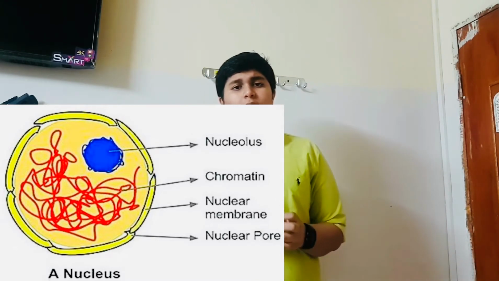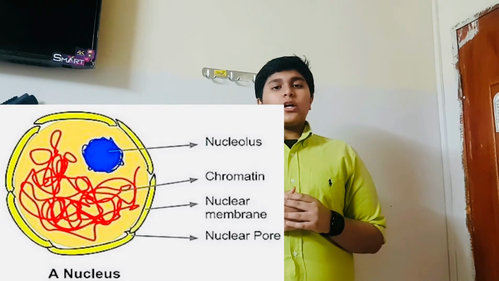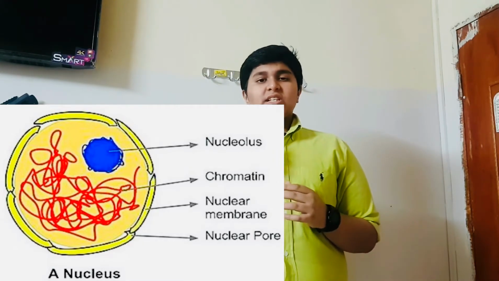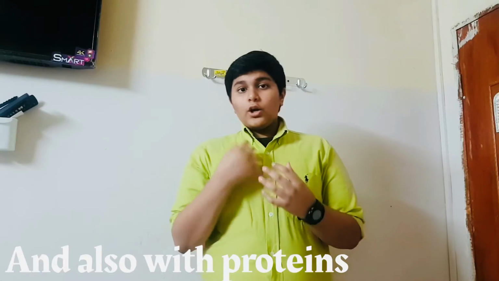Inside the nucleus there is a spherical structure called the nucleolus, which synthesizes protein. Next there are thread-like structures called chromosomes, the genetic material. These chromosomes are made up of DNA. You all know the word DNA. DNA is also known as genes.